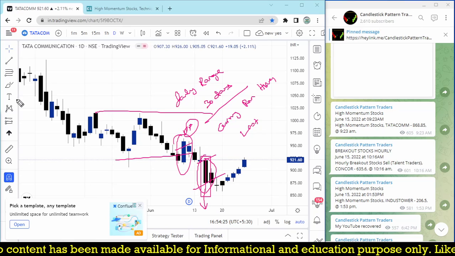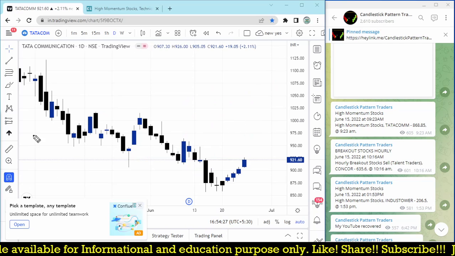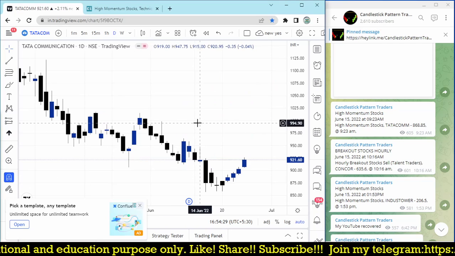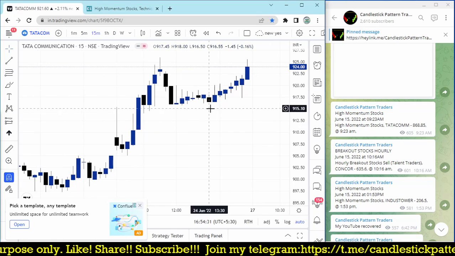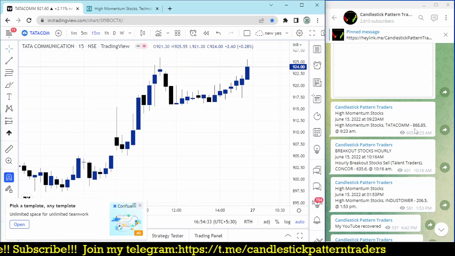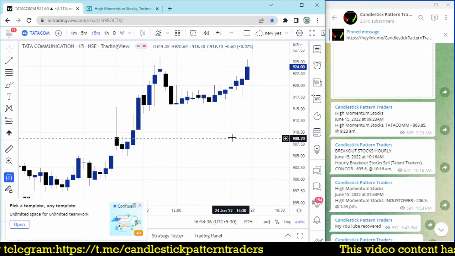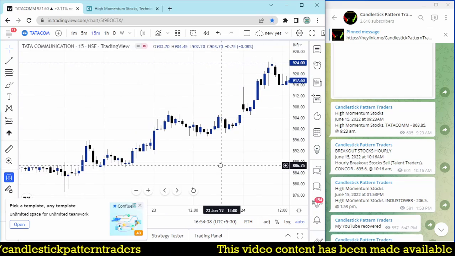So here is a stock that is coming up on the 15th. What I do is use a 15-minute chart, and the exact time it came was around 868 at 9:23. So it started earlier, right?